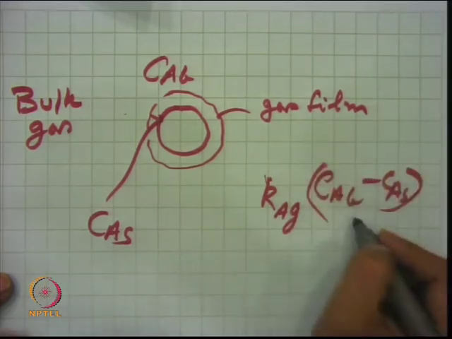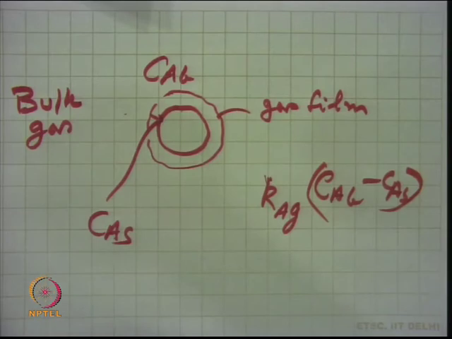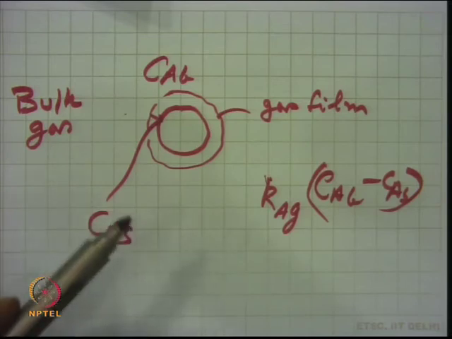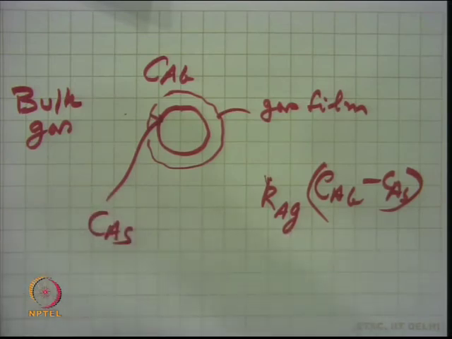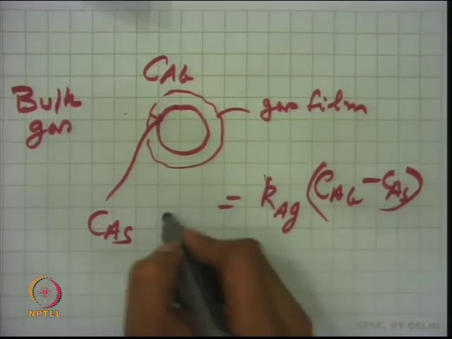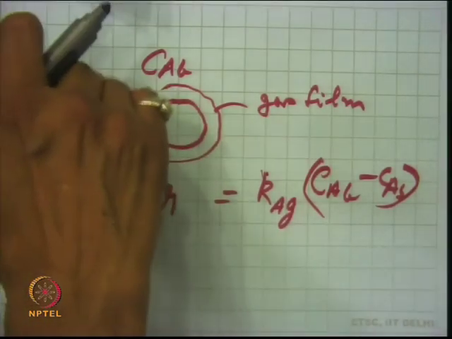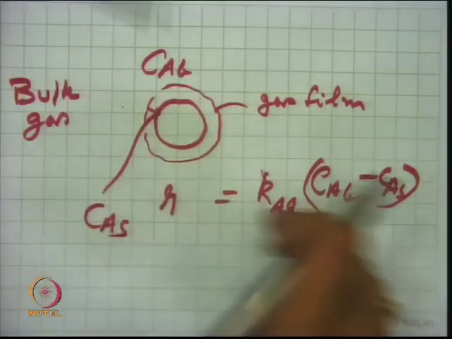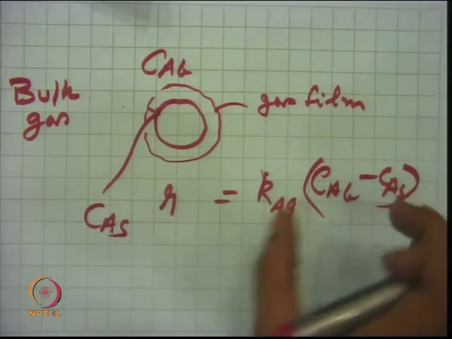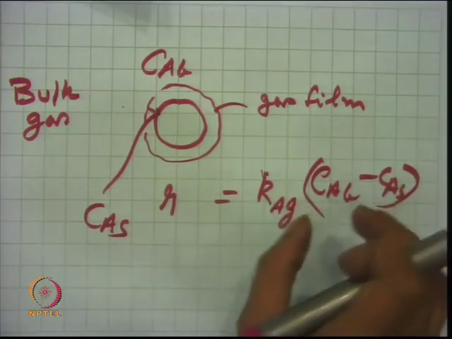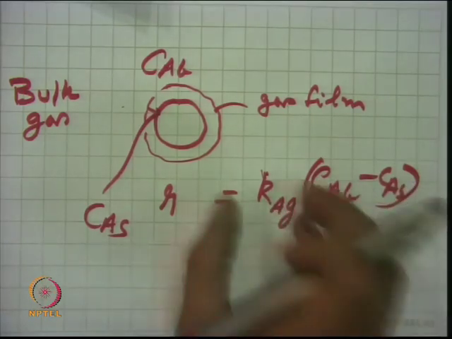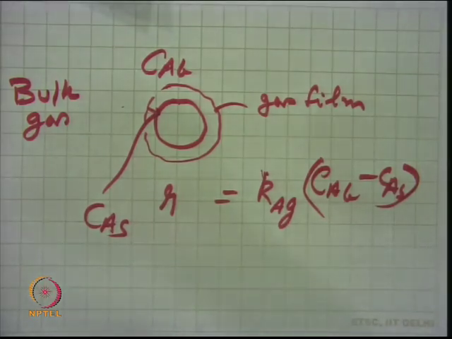That is nothing but the external transport, and this rate is written either per unit surface area or per unit volume of the catalyst, depending upon the unit of the mass transfer coefficient Kg. So, it means the rate being transported from the bulk gas to the surface of the solid is the number of moles transported per unit time per unit volume of catalyst or surface area of catalyst.